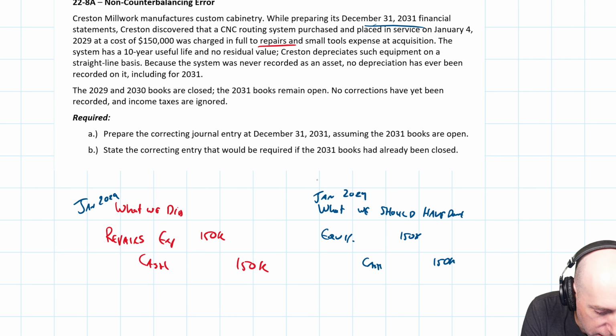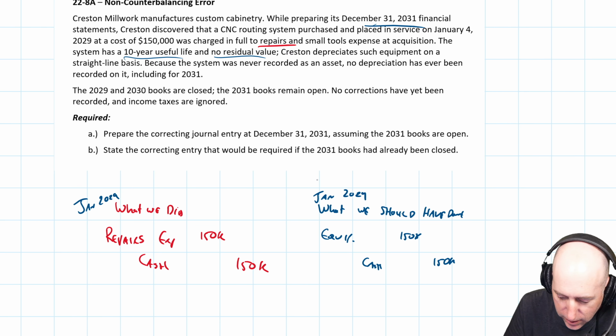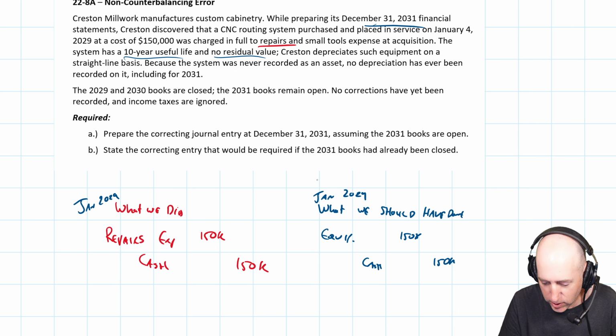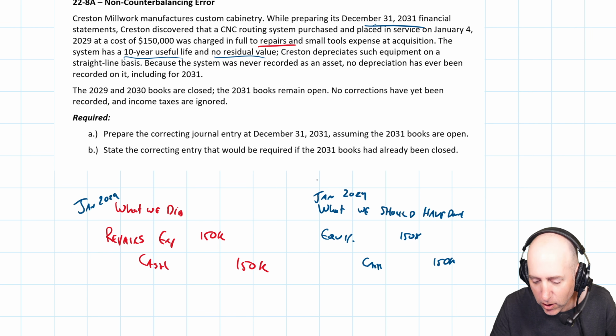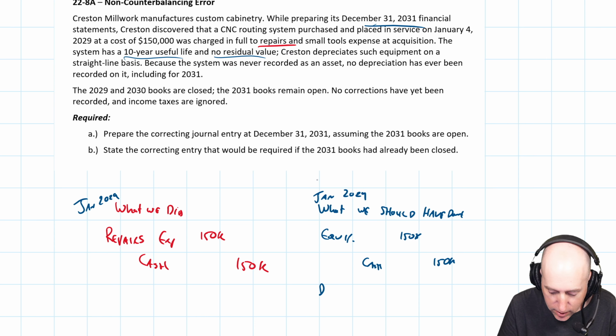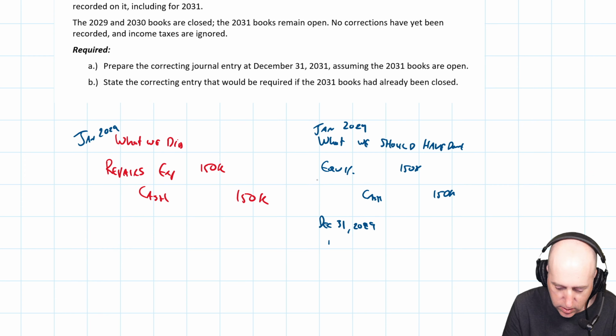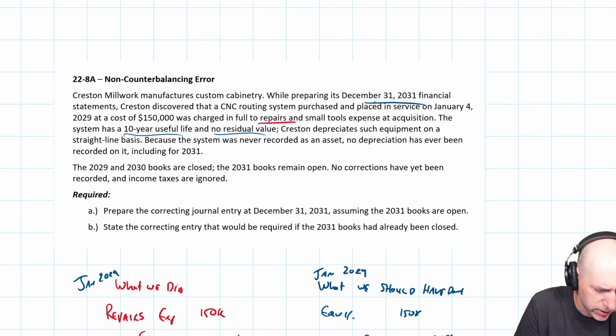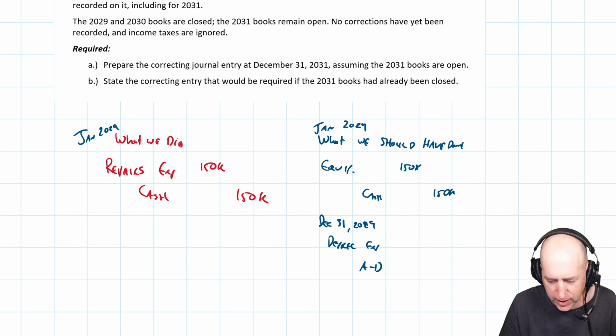The system has a 10-year useful life, no residual value. Okay, so there are knock-on effects, right? What we should have done was debit equipment, credit cash, $150K, but we also should have depreciated the thing. So December 31st, 2029, we should have recorded depreciation expense, credit AD, and for how much? Well, it's $150,000 over 10 years, no residual value, which is $15,000 a year.